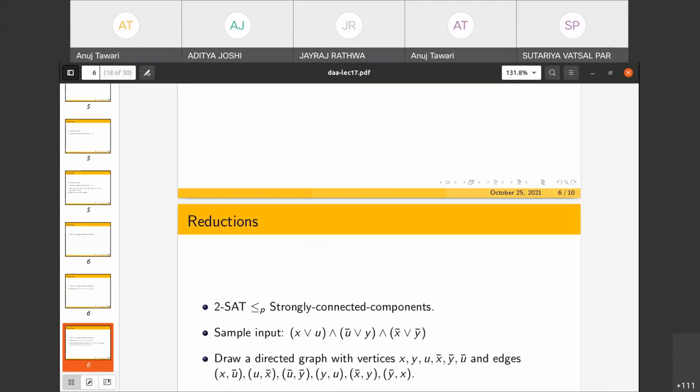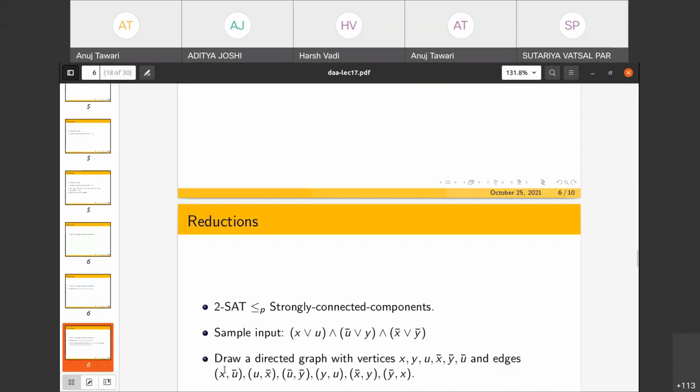Okay. And once you find this strongly connected component, which is x, u bar, then y bar, you set all of these variables to false. So we'll set x to false, u bar to false, that means u is true, and y bar will also be false, that means y is true.